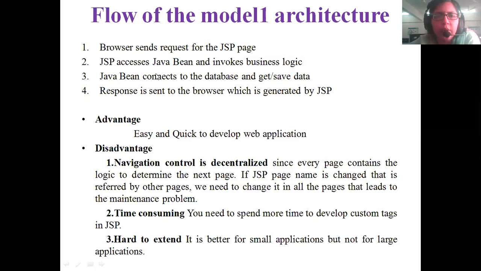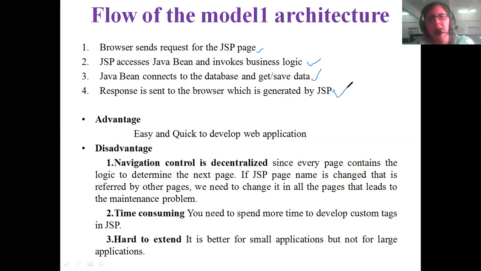The flow here is that the browser sends the request for the JSP page. From the JSP, it accesses the Java Bean and invokes the business logic. From the Java Bean, it connects to the database, and it gives the response back, which is generated by the JSP. So as we have seen the flow, the first step here is the browser taking the request, sending it to the Java Bean or the JSPs for processing, dealing with the database part, constructing the response and giving it back through the JSP.